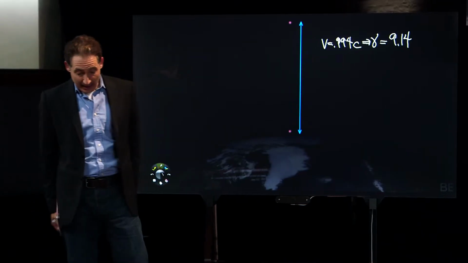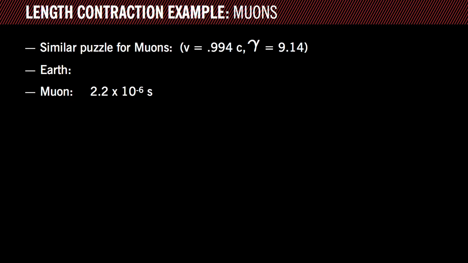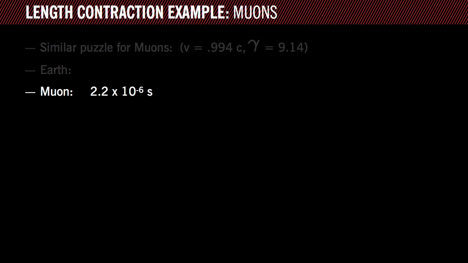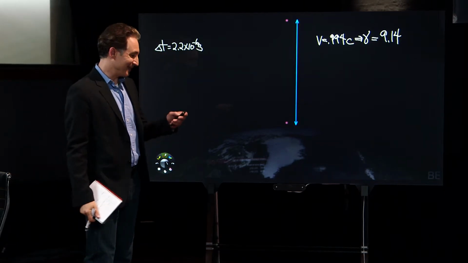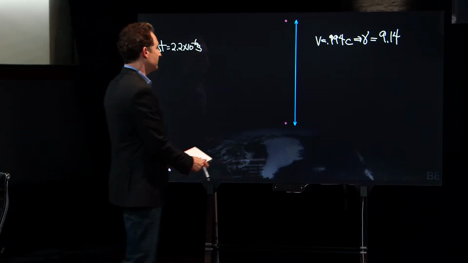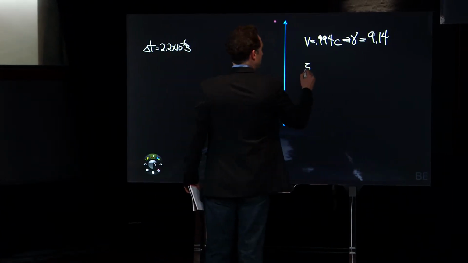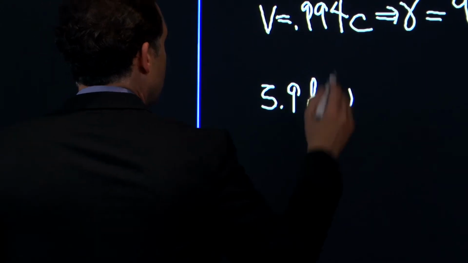Now let's look at a potential puzzle in this situation. We are told that muons only live for 2.2 times 10 to the minus 6 seconds. And yet, if we look at the distance that the muon travels in this particular example, let's give this an experimentally verified number, 5.9 kilometers.